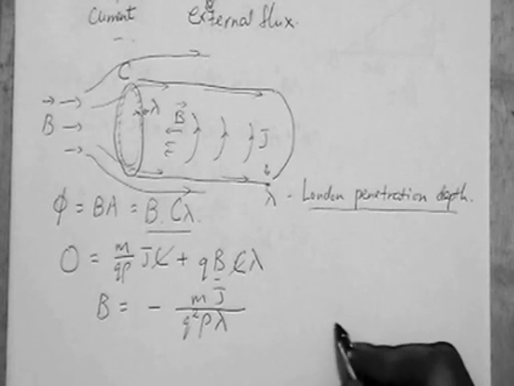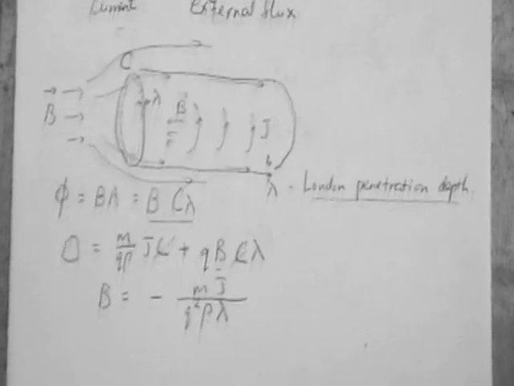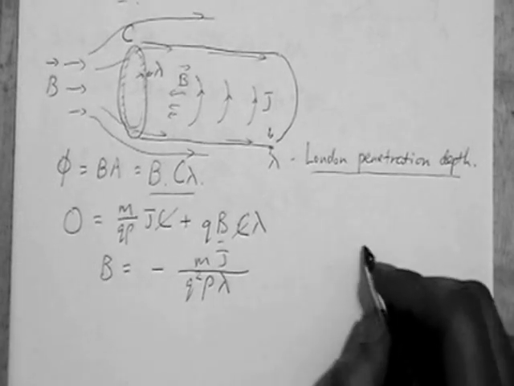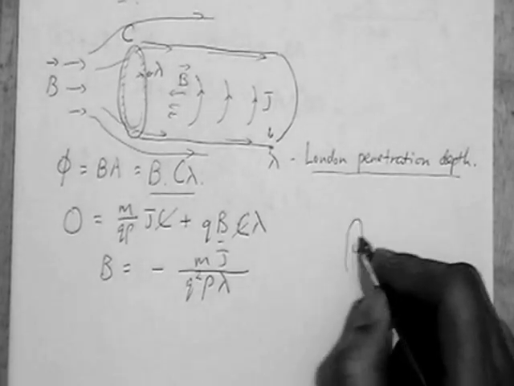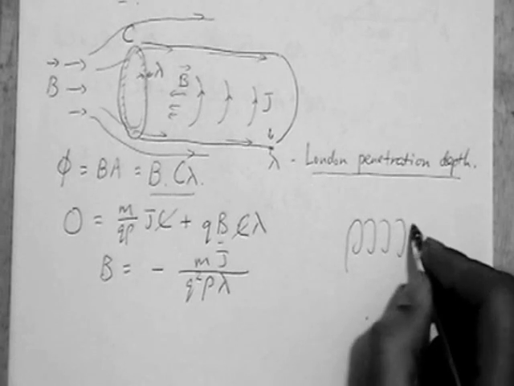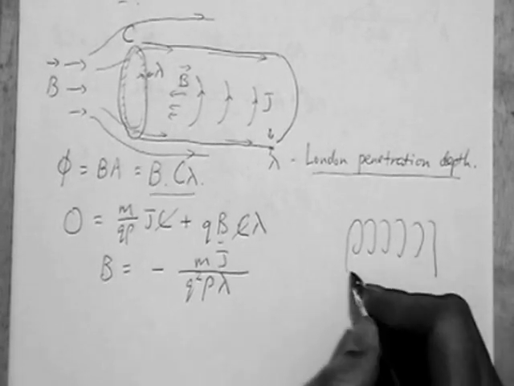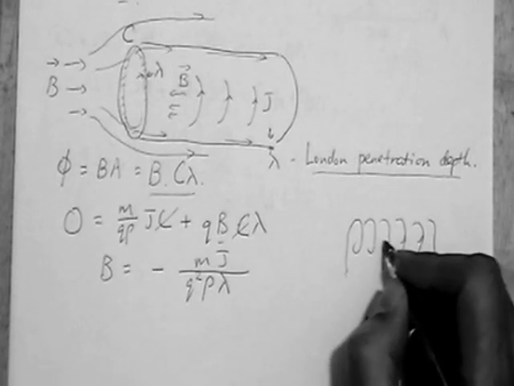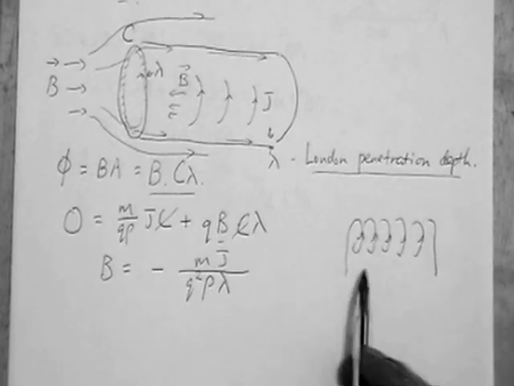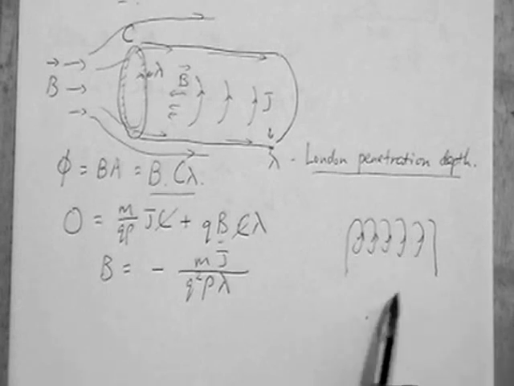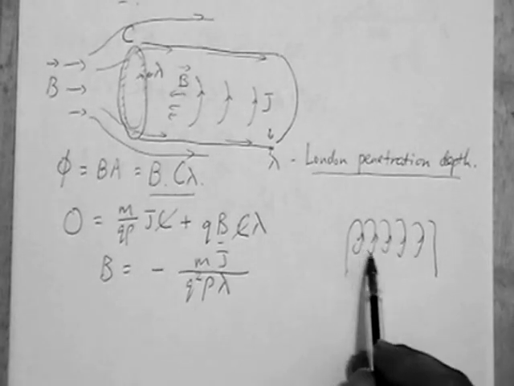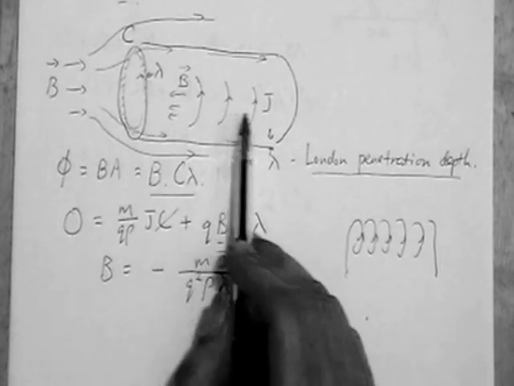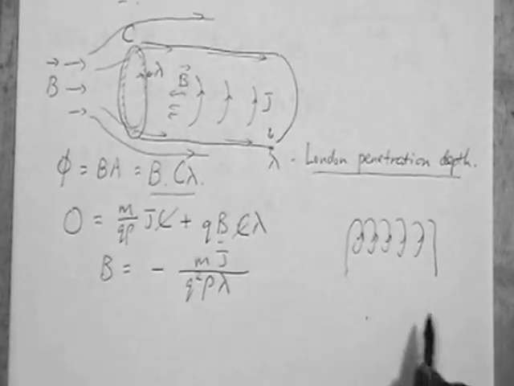Now let's think about a solenoid that looks like this. Okay, and we think of a current that goes around the solenoid, and that picture there, this curve and the arrow, does not look so different from those arrows there.